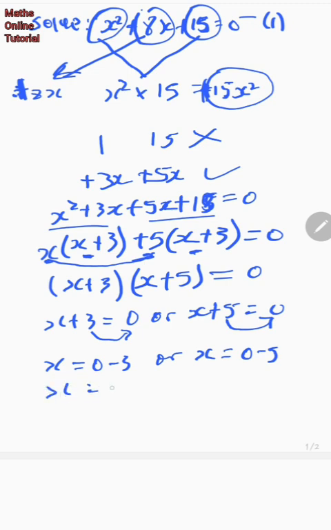That gives us x equals minus 3, or x equals minus 5. So the answers to the quadratic equation are minus 3 and minus 5. This is a way by which you can solve your quadratic equation using the factorization method.